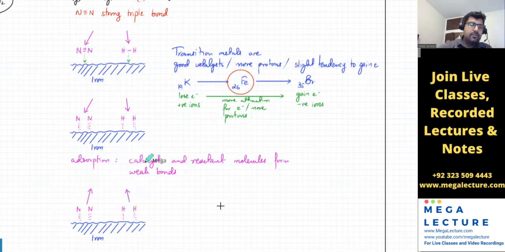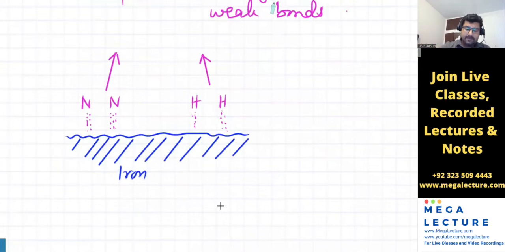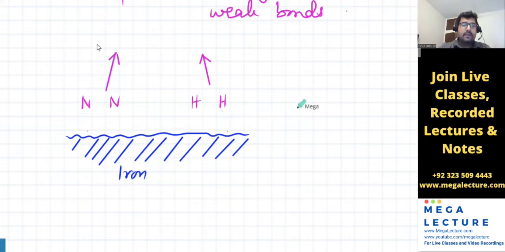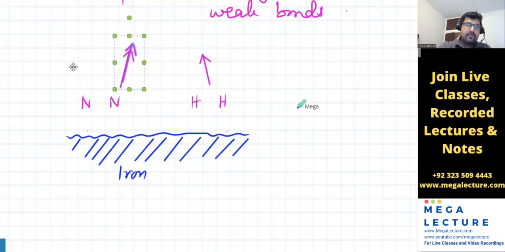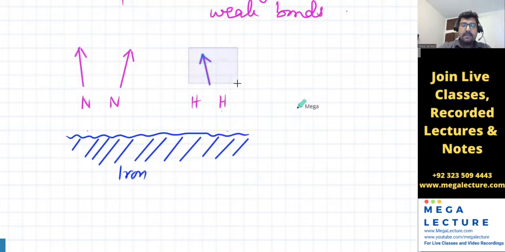So when they bounce back, these weak bonds are eventually going to break. And when they break, all your atoms are now free to move around anywhere they want. So the first part has been made easy.